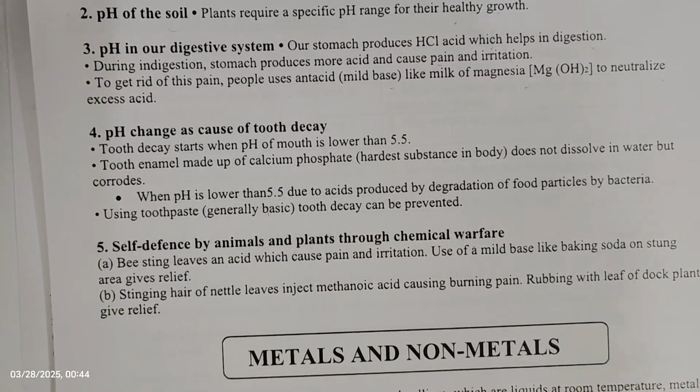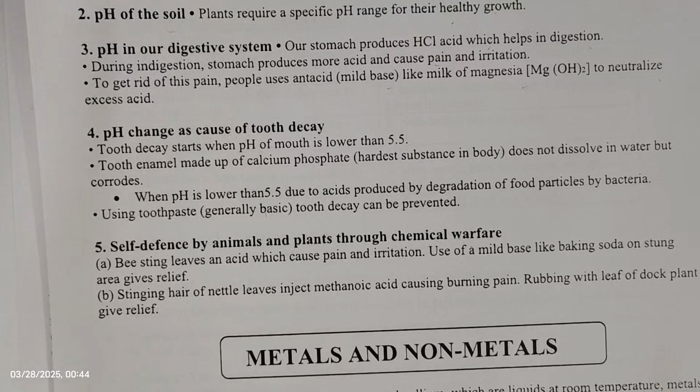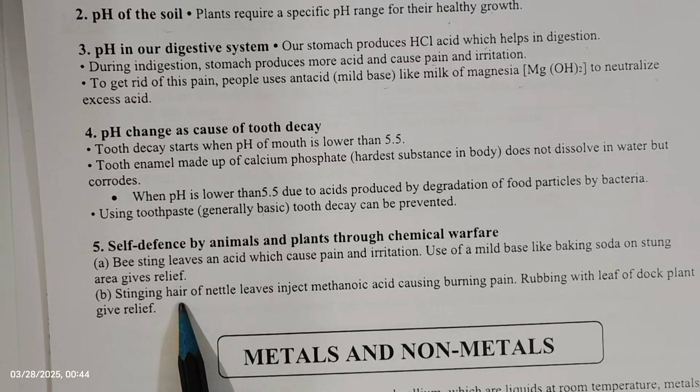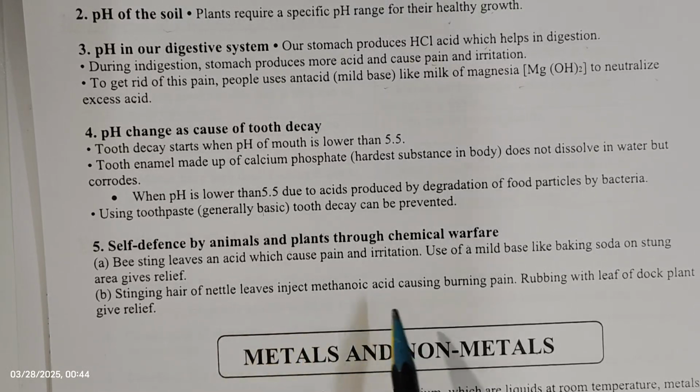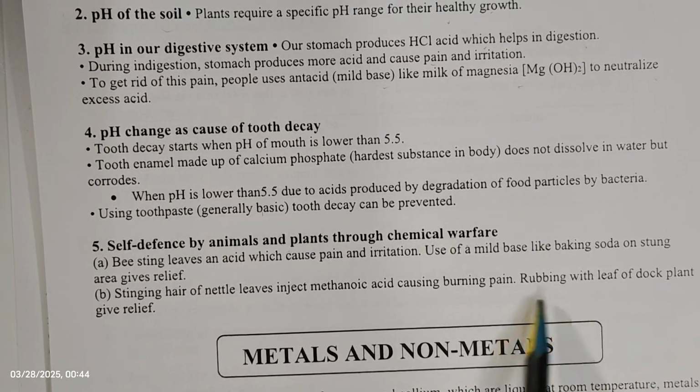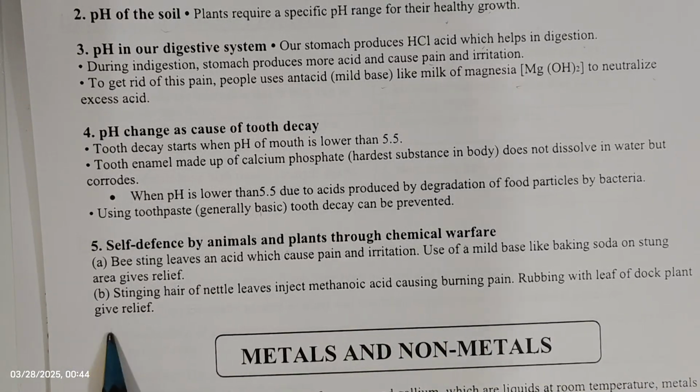Even plants, like nettle leaves, contain fine hair-like structures. When these fine hairs come in contact with the skin of animals, they cause burning pain due to the injection of methanoic acid. Rubbing dock plant leaves over them gives relief.